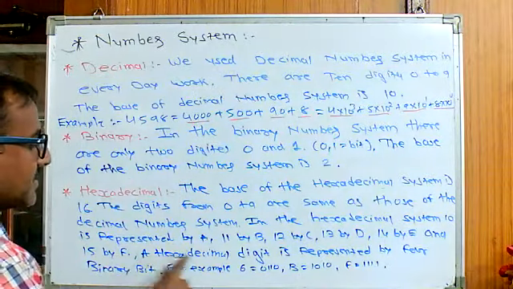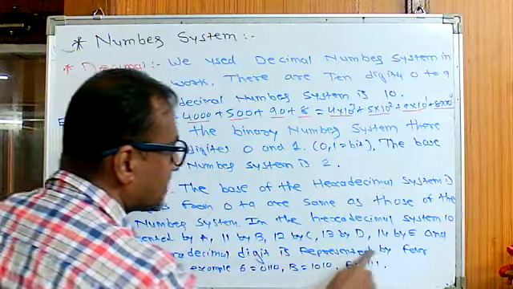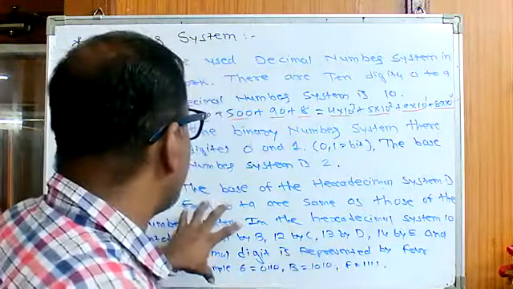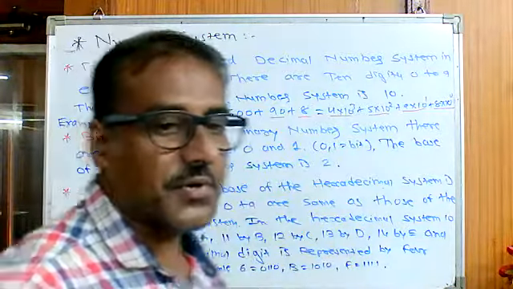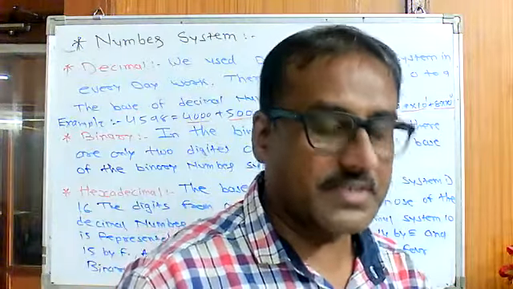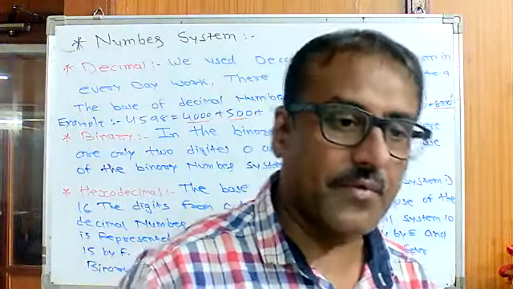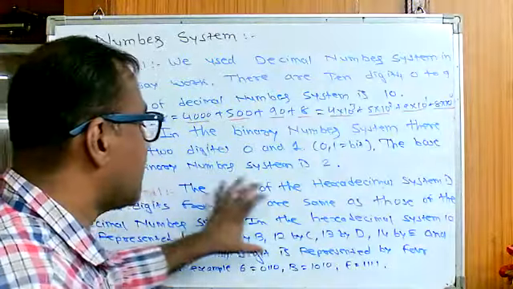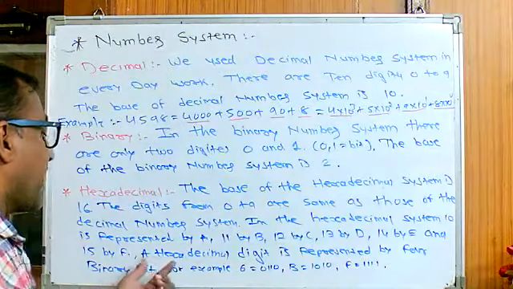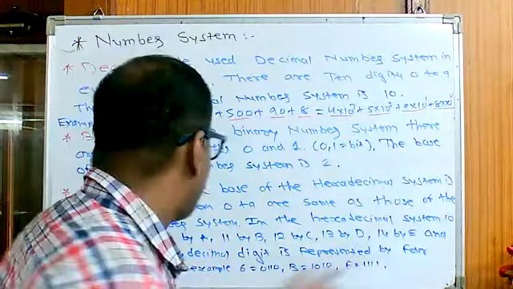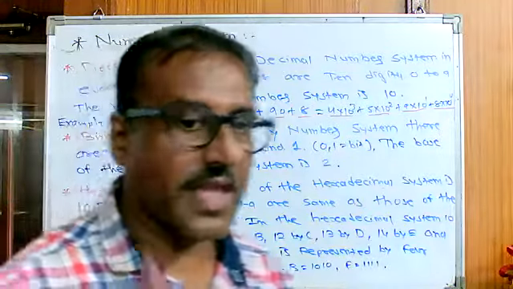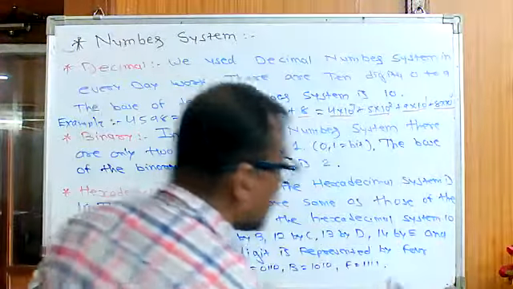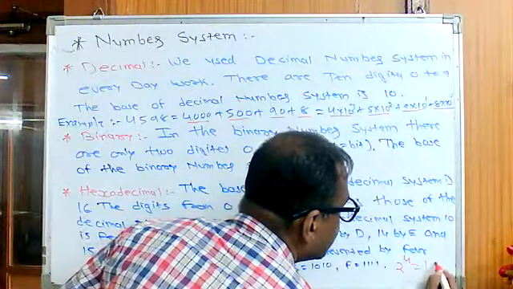A hexadecimal digit is represented by 4 binary bits. The hex to binary conversion uses 4 bits, because 2 raised to 4 is equal to 16.